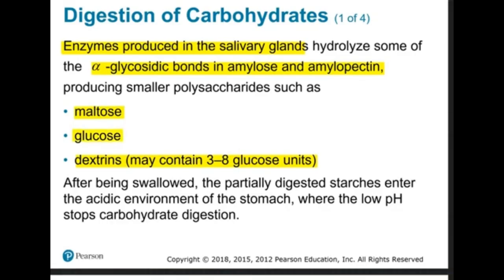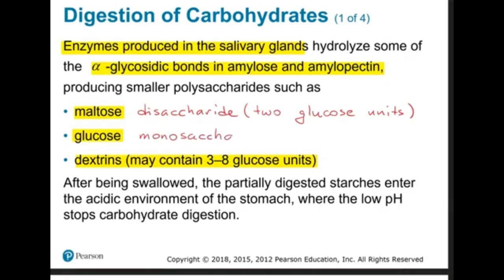So let's give them the proper assignment. So disaccharide, two glucose units. Glucose is monosaccharide, and dextrins are oligosaccharides.